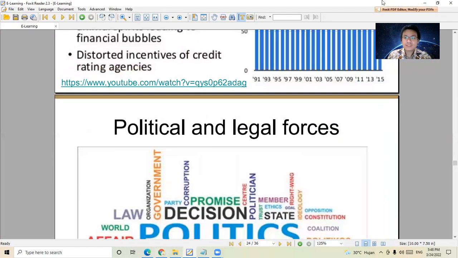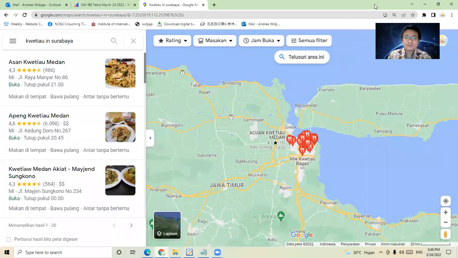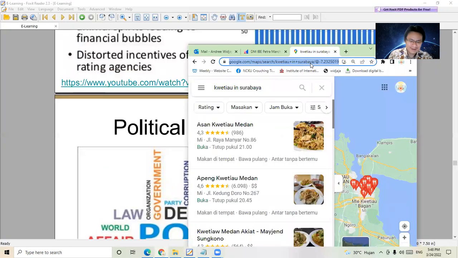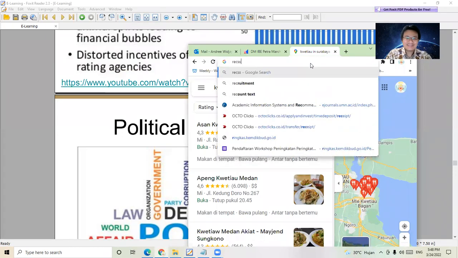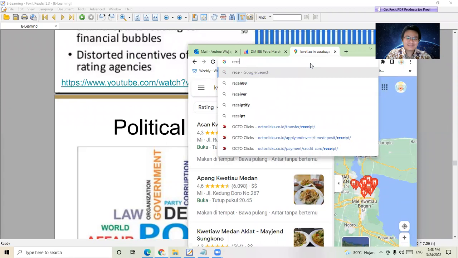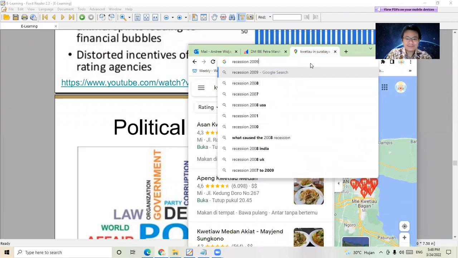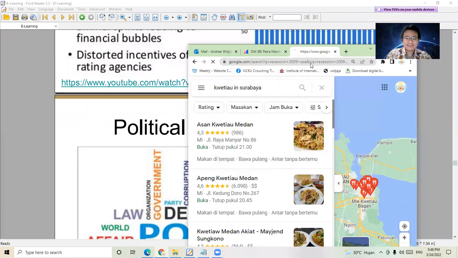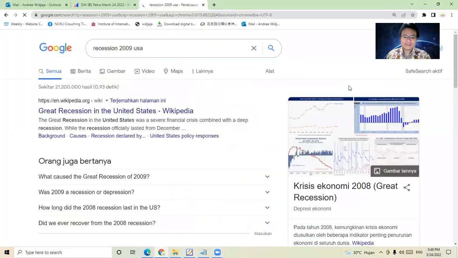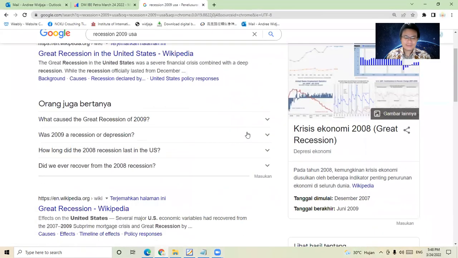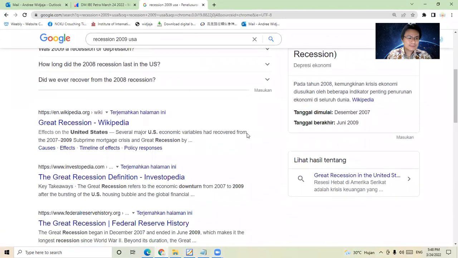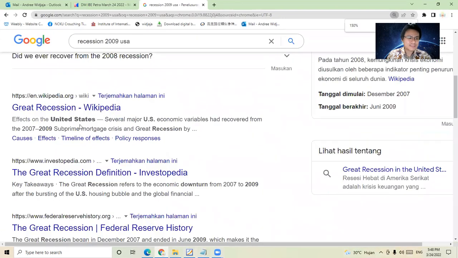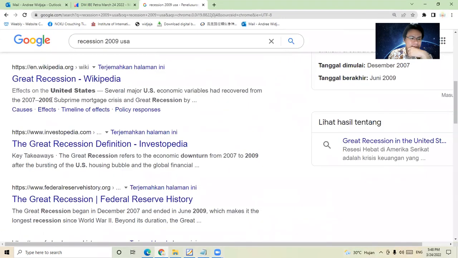Let me check the name. Suddenly I forgot the name. Recession 2009. Okay. Subprime mortgage crisis, these are the other names.